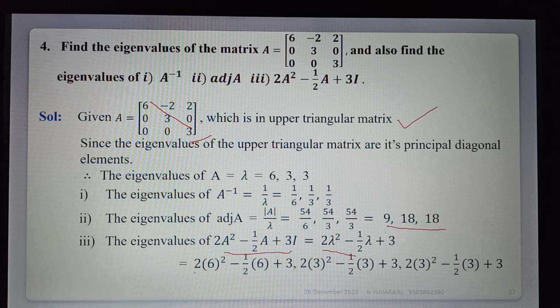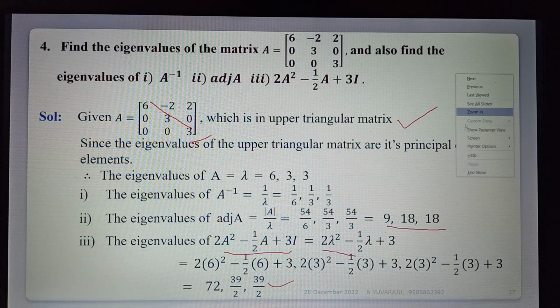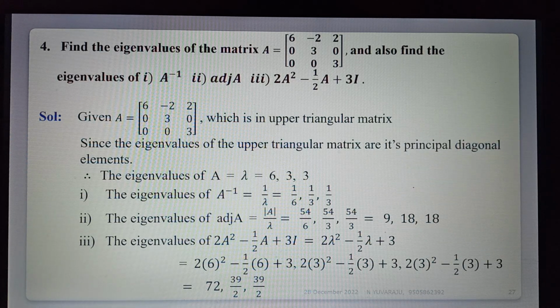First eigenvalue: 2 into 6 square minus 1 by 2 into 6 plus 3. Second eigenvalue: 2 into 3 square minus 1 by 2 into 3 plus 3. Next eigenvalue is 2 into 3 square minus 1 by 2 into 3 plus 3, that is equal to 72, 39 by 2, 39 by 2. So this is the eigenvalues of the given matrix.